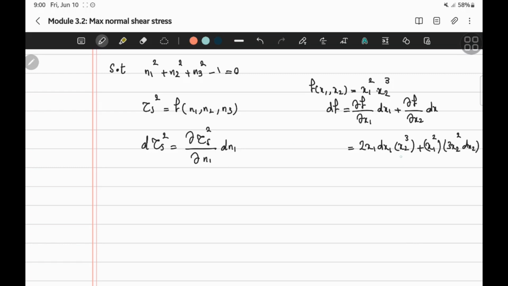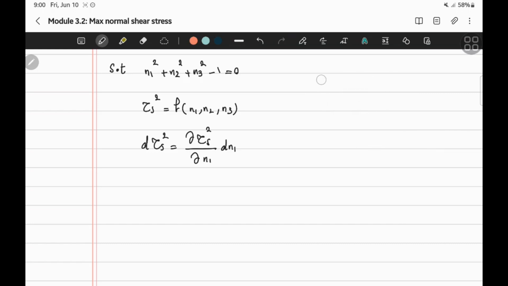So these are basically these here. Plus the partial derivative of tau s squared with respect to n2 dn2, plus the partial derivative of tau s squared with respect to n3 dn3.